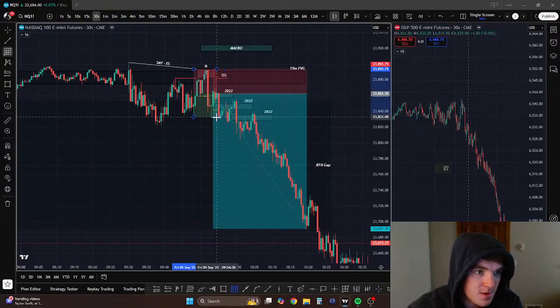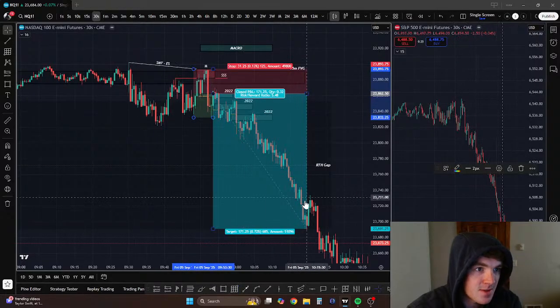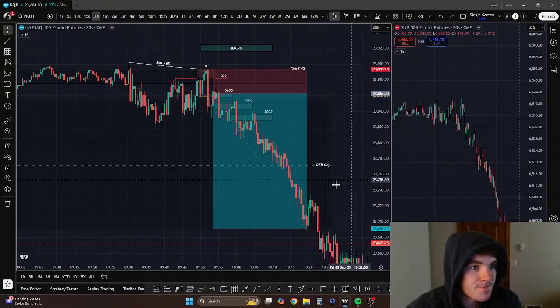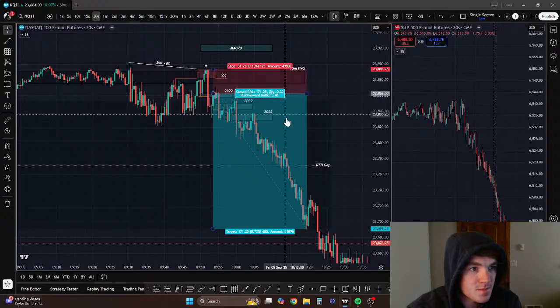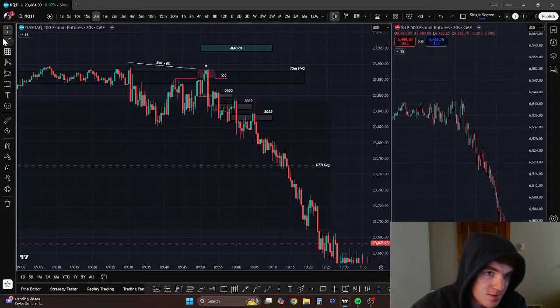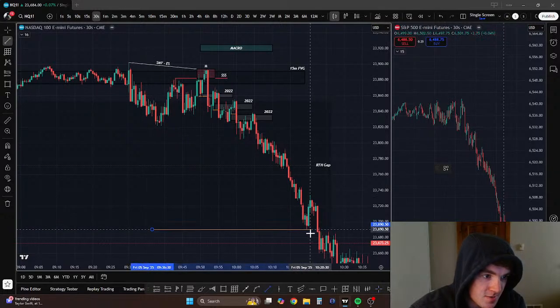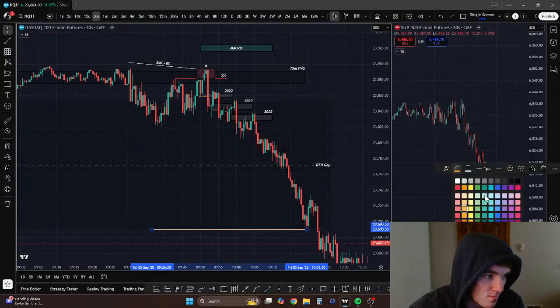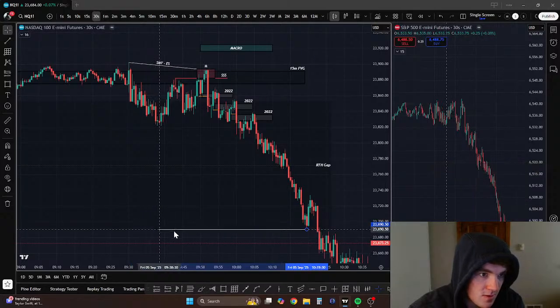Yeah. Notice that equilibrium gets hit, right? So first I'm going to show how this is algorithmically displacing towards the RTH low. Right, you see this?